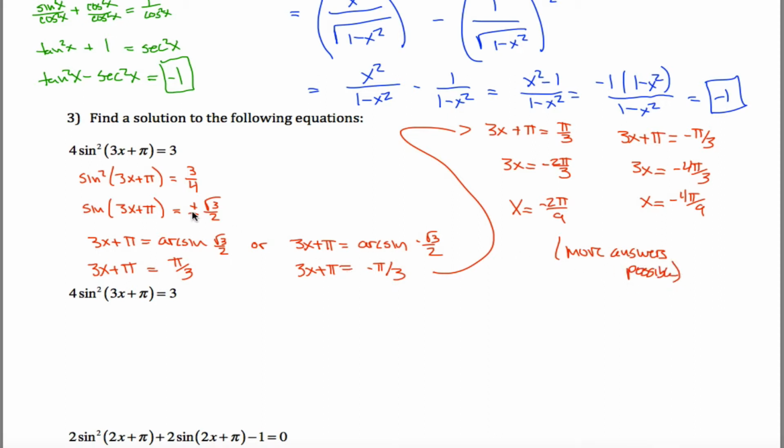Essentially what it comes down to is when I take this arcsine, I'm restricting my possible answers, because arcsine will always give me something between negative pi over 2 and pi over 2. But really the sine of a whole lot of stuff will be right here. I can take as many laps around the unit circle as I want. So we'll learn later in the class how to find more solutions, but for now, here are the two that we can find using inverse trig functions.